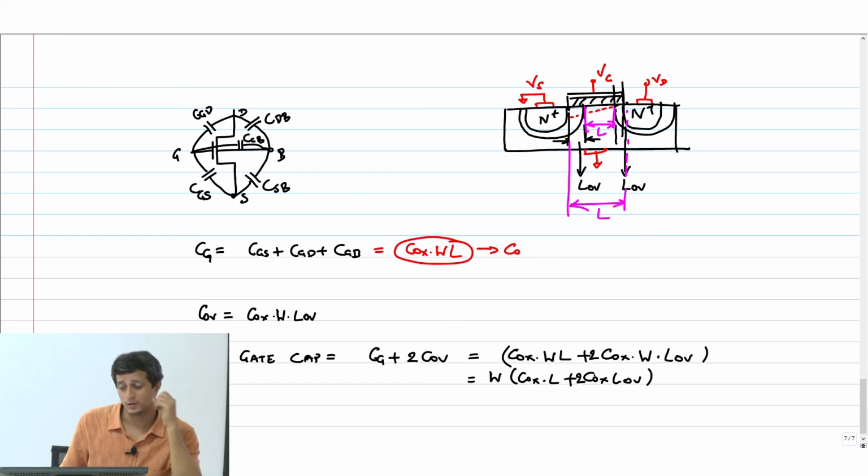No, be careful. C naught or C ox. C ox is just epsilon naught by T ox. That's why I'm saying that I have called that C naught.